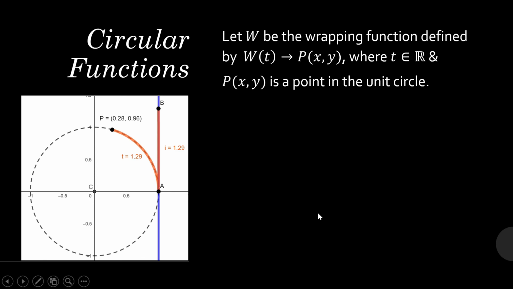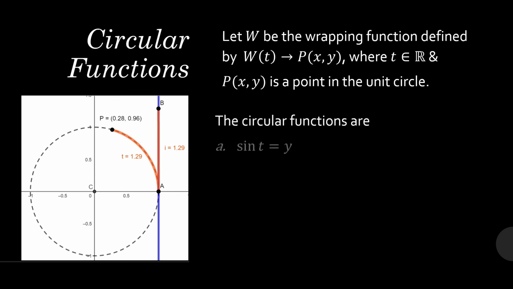And we shall define our trigonometric functions differently. This is the reason why we call them circular functions now. Given the wrapping function, wherein we match a real number to a point in the unit circle, this point is the endpoint of an arc whose length is equal to t. These are the circular functions. Sine of t is equal to y.